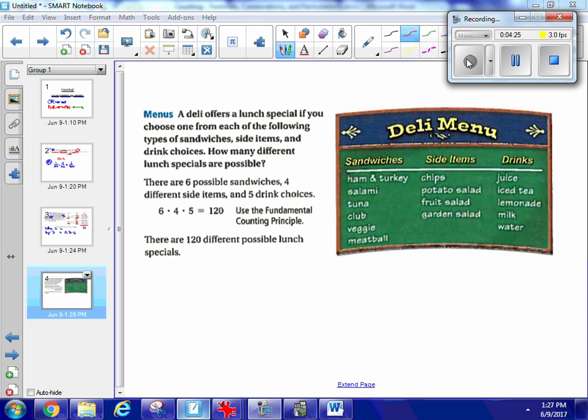So here's an example where I want to go and get something to eat for lunch, and I have a choice of sandwiches, and it looks like there are 6 different choices of sandwiches. I want to get a side item: chips, potato salad, fruit salad, a garden salad, 4 of those, and I have a choice of 5 different drinks. Well, that seems like a lot of combinations, and in fact it is.